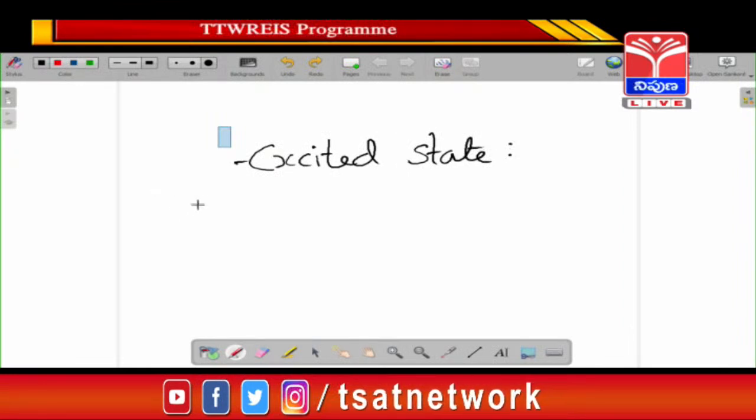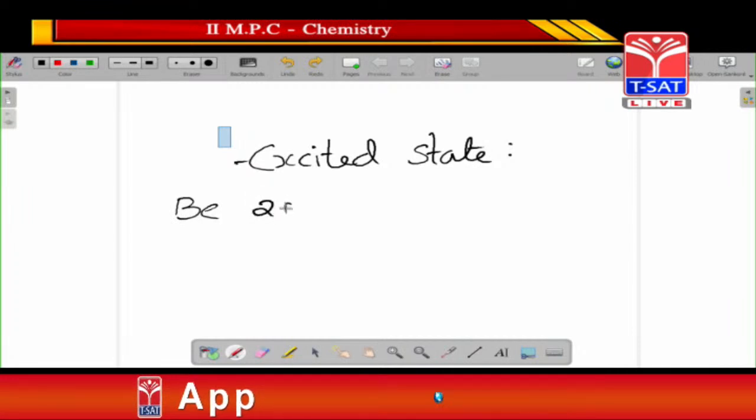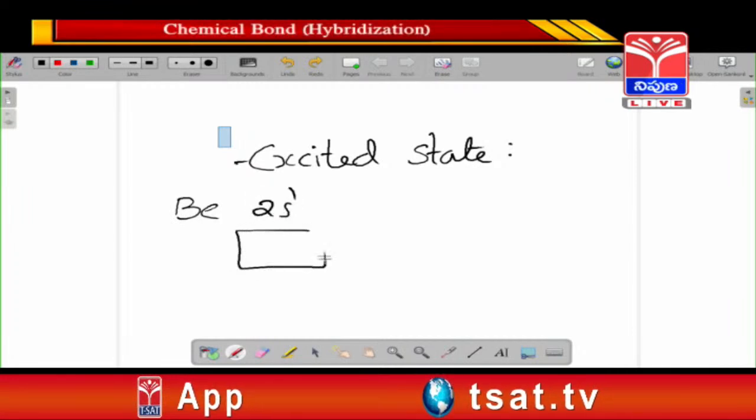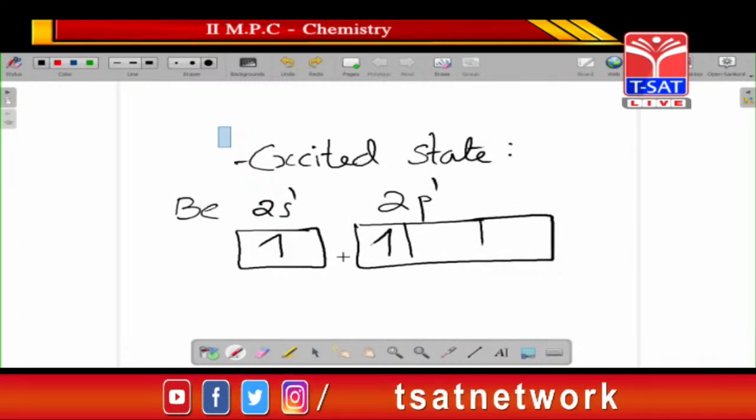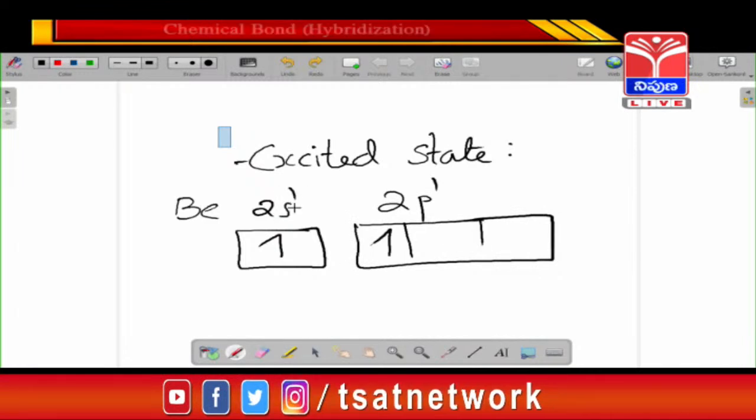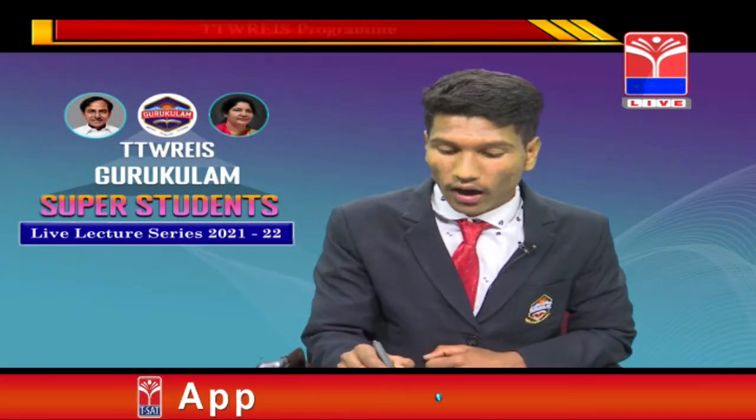In the excited state of beryllium, 2s1, one of the s orbital electrons is transferred to the 2px orbital.